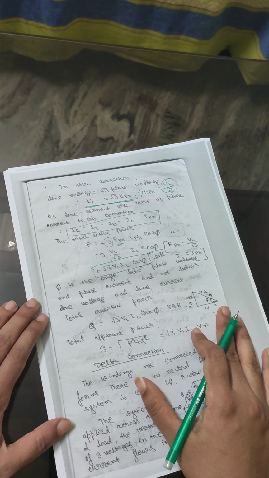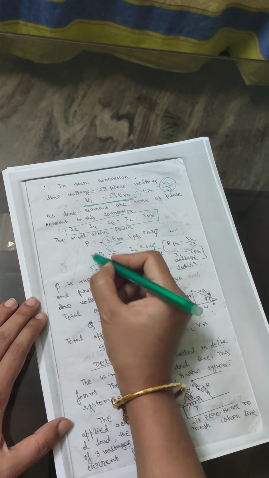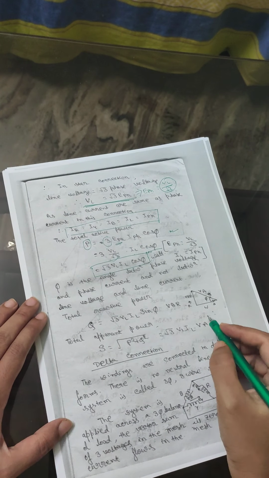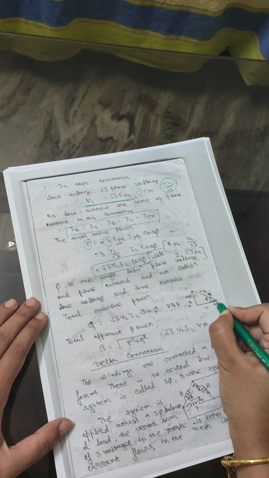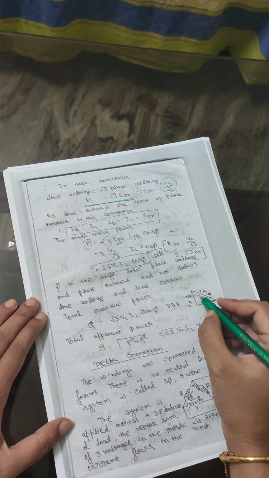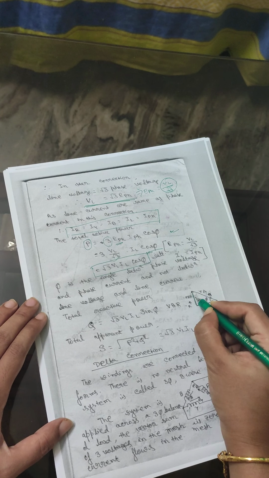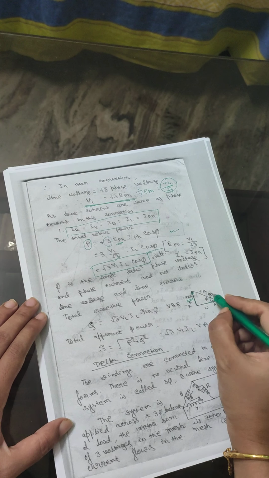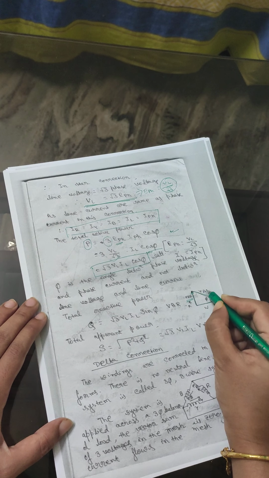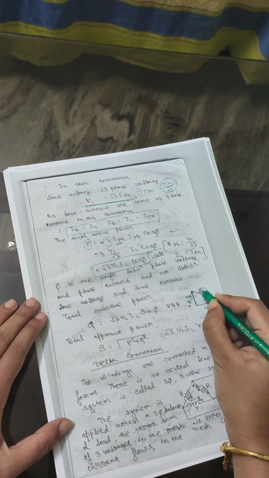Now this one is the active power. If we draw the power triangle, we know that this one is the wattage value, that one is the reactive power, the unit is VAR, and that one is the apparent power, the unit is VA.